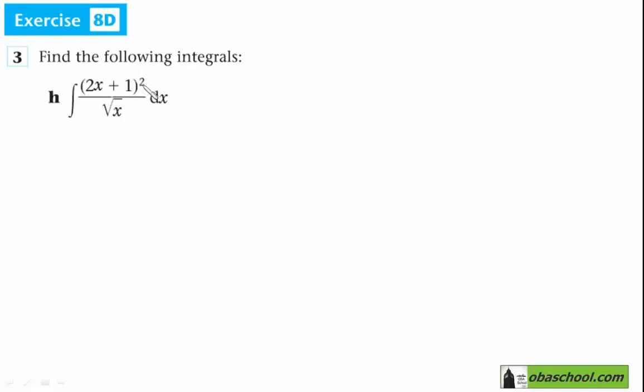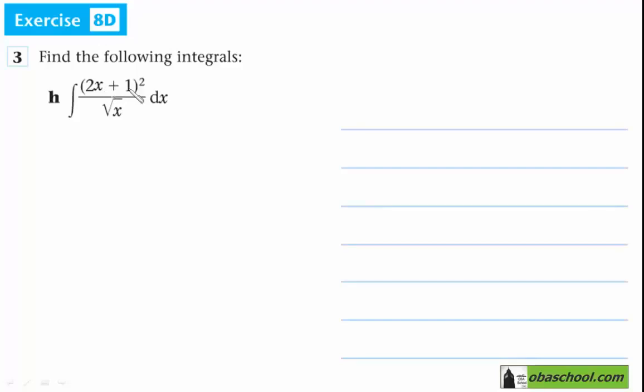First of all, in the numerator, we can see that we have (2x + 1) all squared. Let's first expand this term. We have (2x + 1) all squared, all divided by the square root of x. Let's expand again the first numerator, which is (2x + 1) all squared.